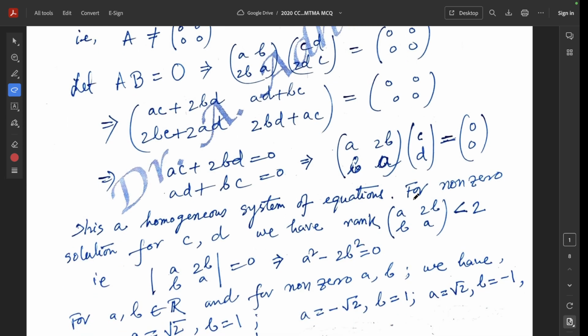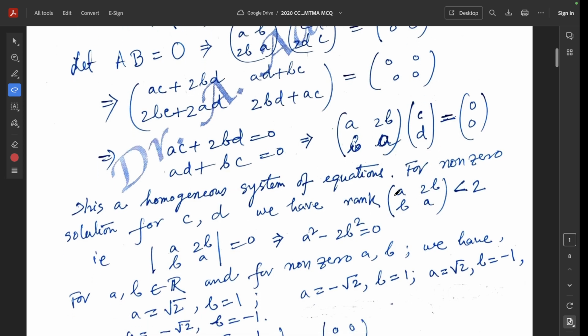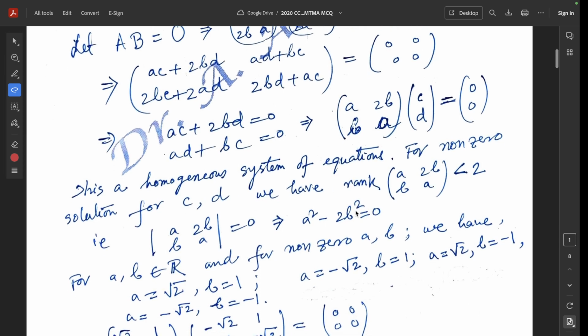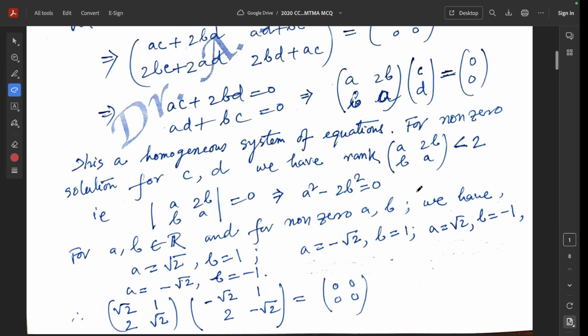This is a homogeneous system of linear equations for c and d. For non-zero solutions of the variables c and d, the rank of this coefficient matrix [[a, 2b], [b, a]] must be less than 2, the order of the matrix.